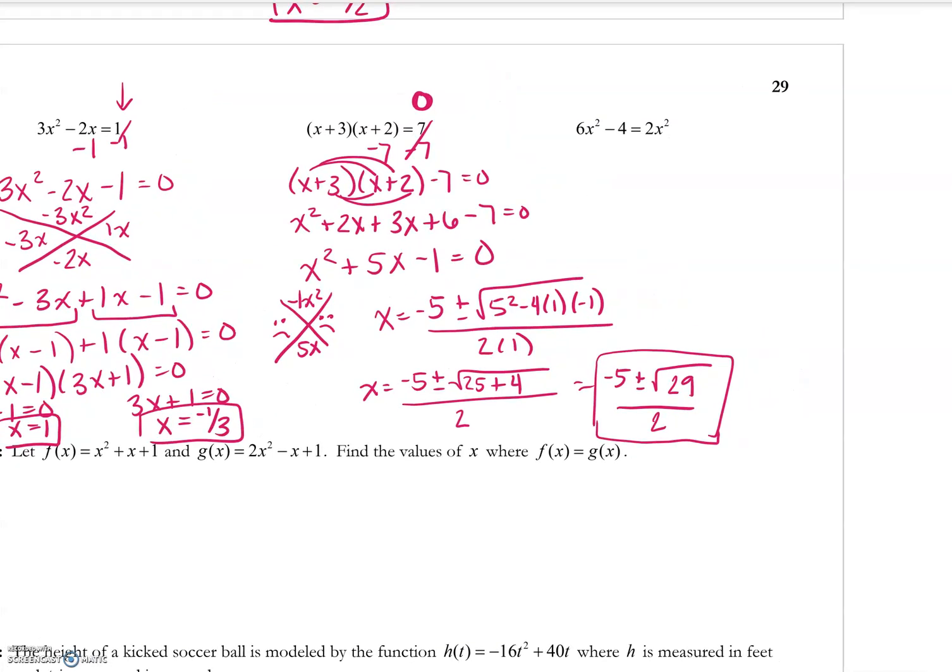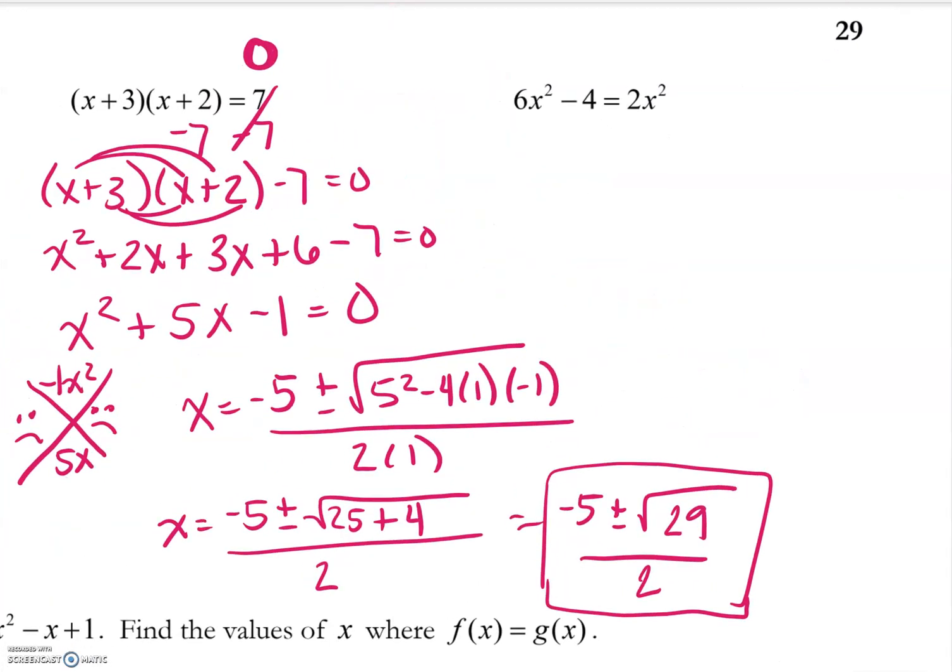And then for this last example, again, we see x show up in two different places. So let's get our equation set equal to 0. So I'll subtract 2x squared from both sides, and then I'll get 4x squared minus 4 equals 0.